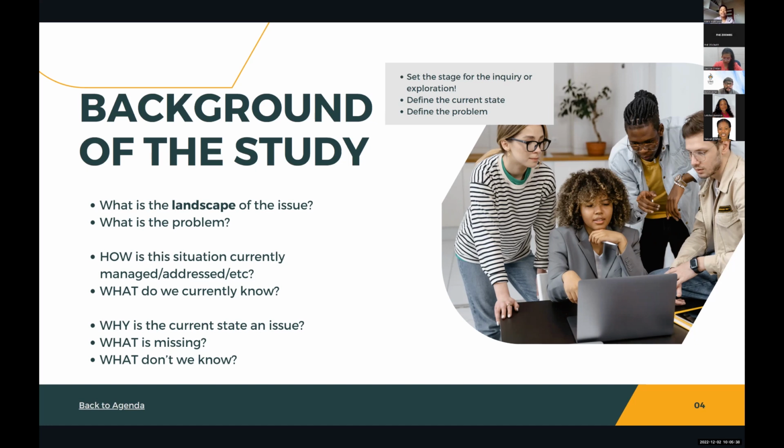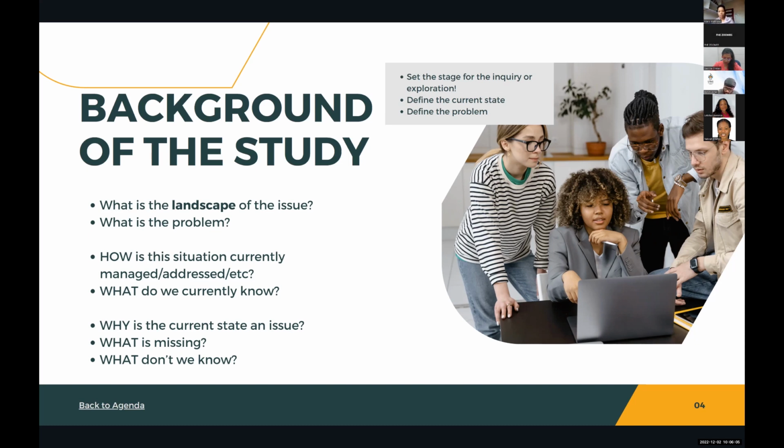In defining the current state, you now want to look at how is this situation currently managed, addressed, approached, treated, taught, written about, however you want to look at that, right? So right now, this group does X. This author does X. We use this form of language.